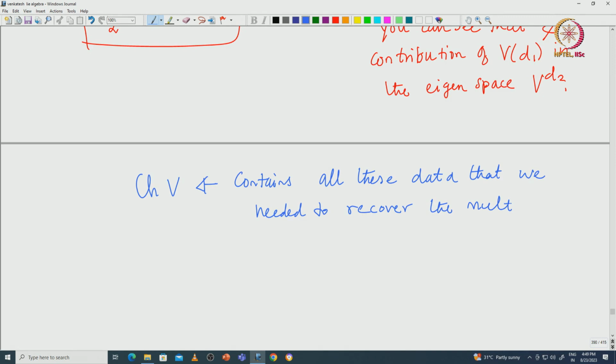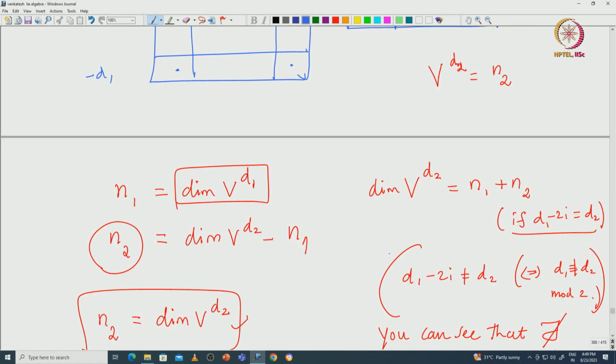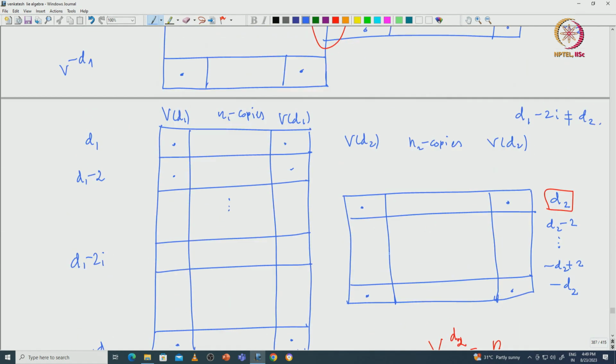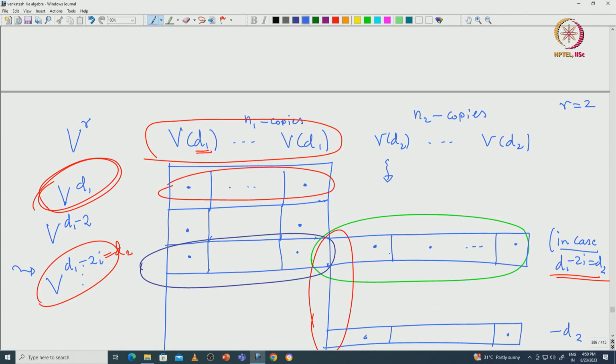Those n_i's are called multiplicities. This is a very important observation. It tells us how, knowing the character, to decompose a given capital V into a direct sum of irreducible representations.